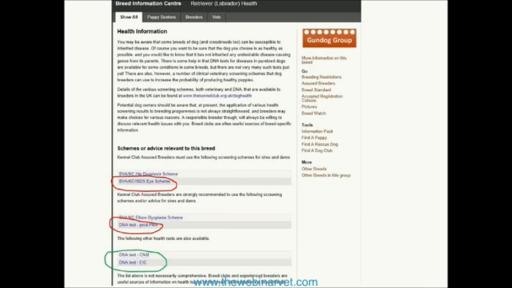And at the bottom of the screen, which I happen to circle in green, there's something called other tests available. Those are really DNA tests or other schemes that are relevant to the breed, and they are known to be conditions in the breed, but they're not considered to be spread throughout the breed.